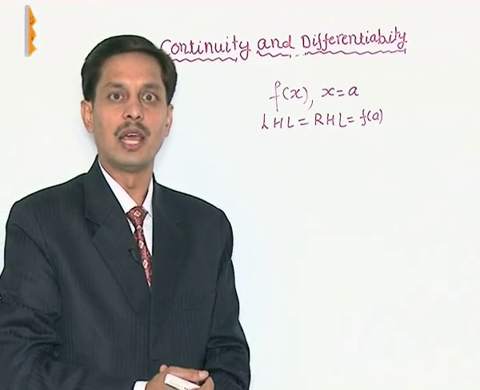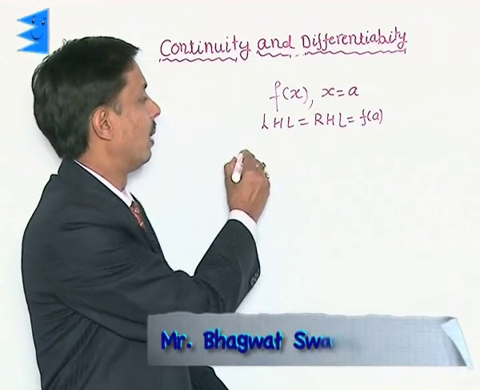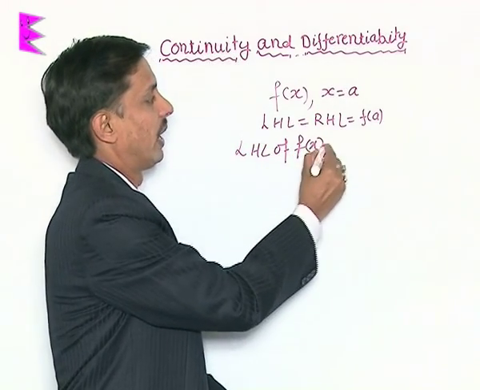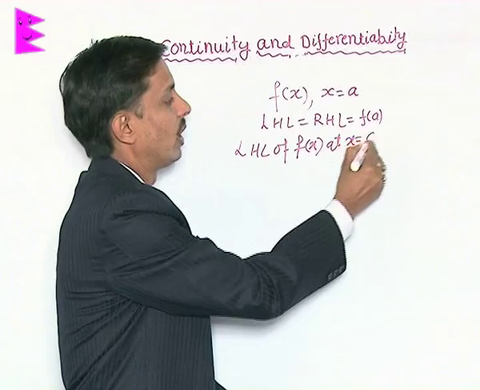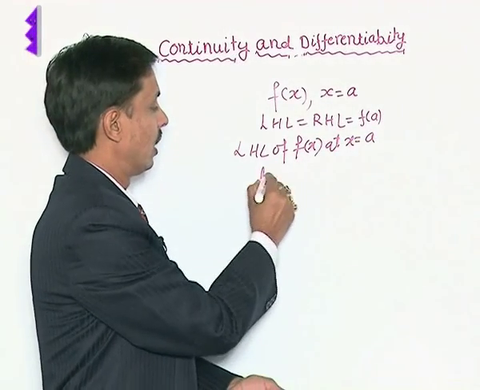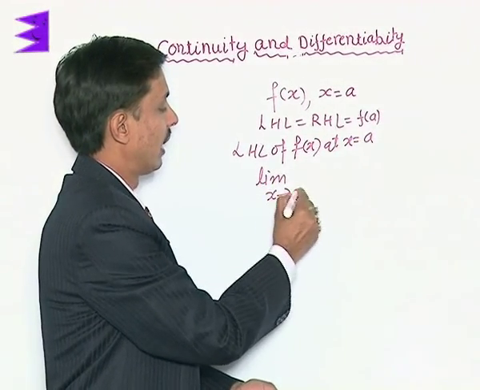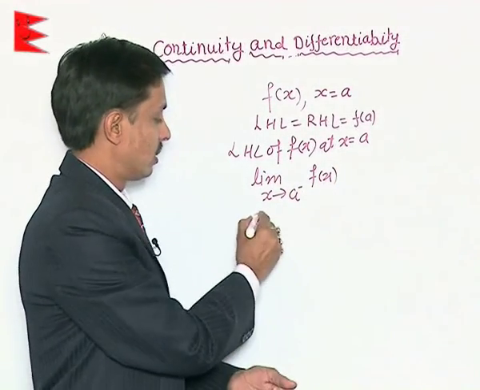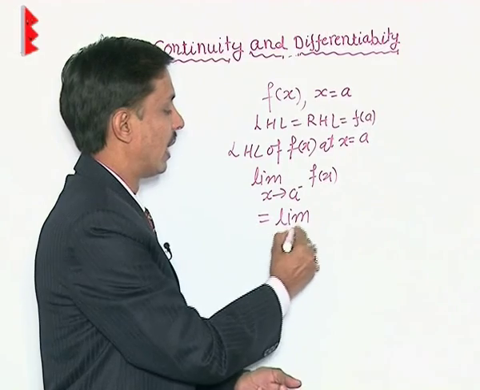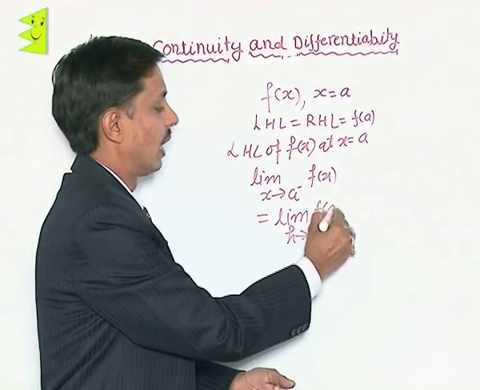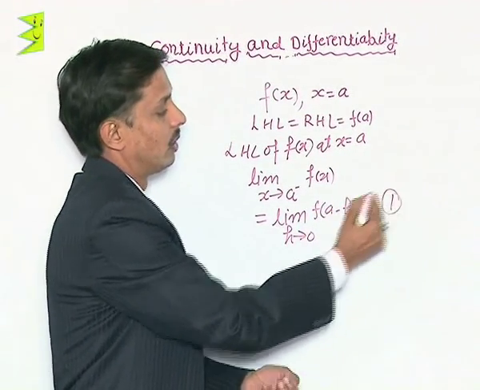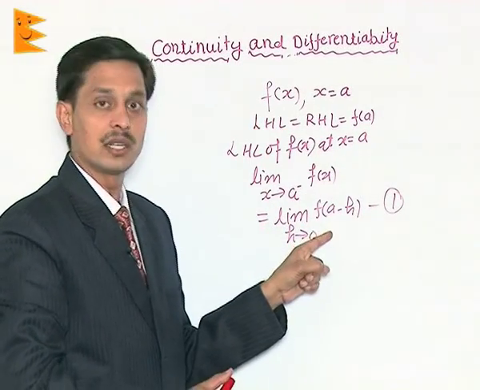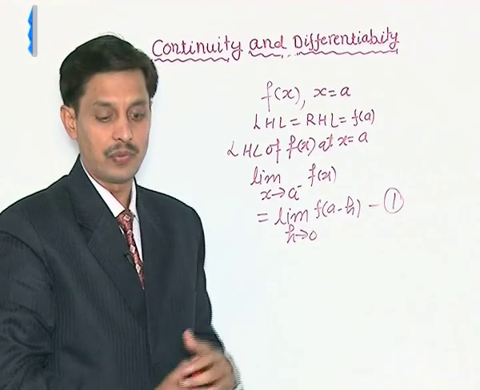The left hand limit of a function f(x) at x equals a is written as limit x tending to a negative f(x), which is further simplified as limit h tending to 0 of f(a minus h). This is known as the left hand limit.